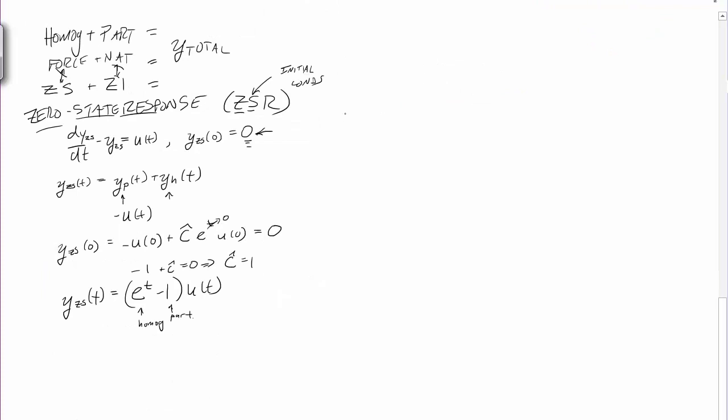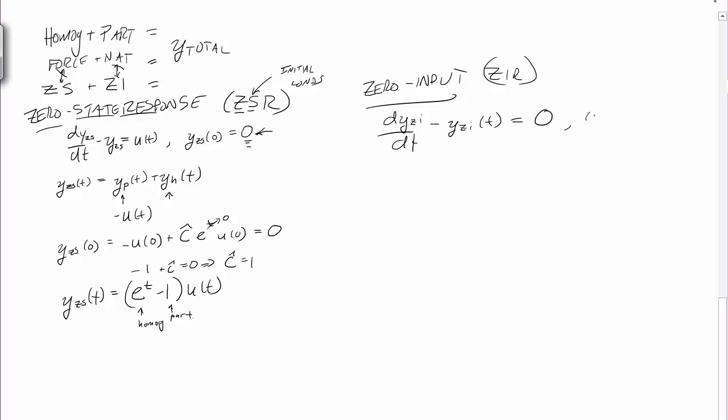So I told you that we're going to add the zero state to the zero input, and that should get us the total response. So let's address the zero input now. ZIR. This is again a new differential equation. So dy zero input dt minus y zero input is 0, but the initial condition is the same that we had for the original problem.